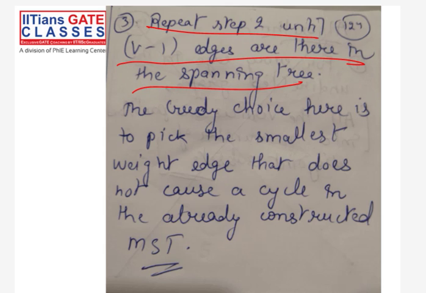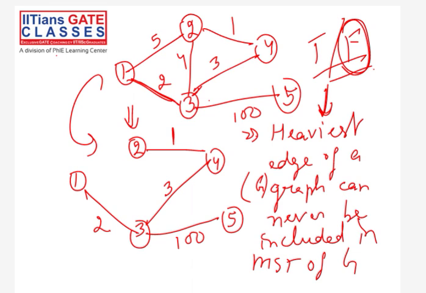So the greedy choice here is to pick the smallest weight that does not cause a cycle in the already constructed MST. Another way to say this: if you observed in the example, every time I was adding an edge, I was trying to add at least one new vertex to the existing graph.